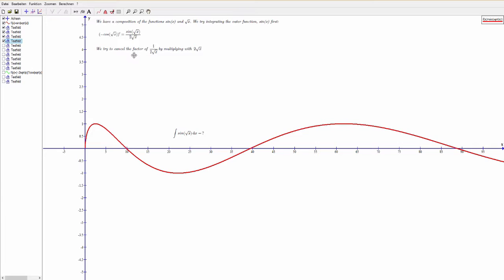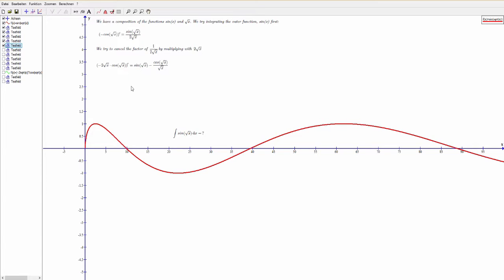So, as I've said, we try to cancel the factor of 1 divided by 2 square root of x by multiplying with 2 square root of x. So now, instead of minus cosine square root of x, we try minus 2 square root of x times cosine of square root of x, and we take the derivative of this.